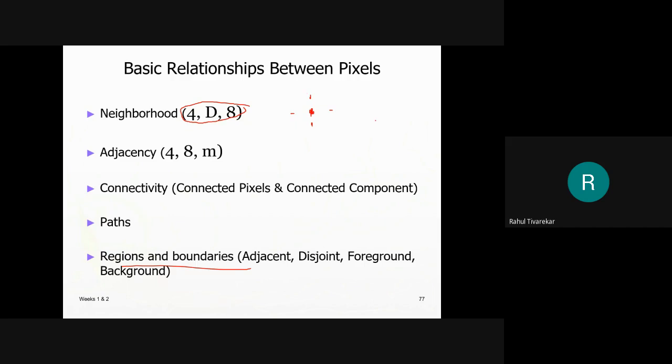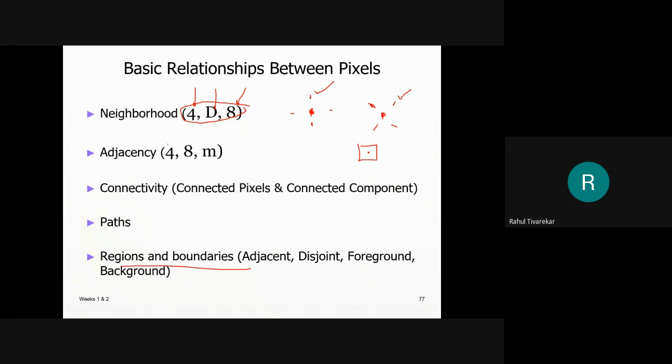The neighbors situated exactly at positive 45 degrees and negative 45 degrees, immediately at the corners of the pixel under consideration, are called D neighbors, that is diagonal neighbors. The collection of four neighbors and diagonal neighbors, the total eight neighbors surrounding one pixel, are called eight neighbors.